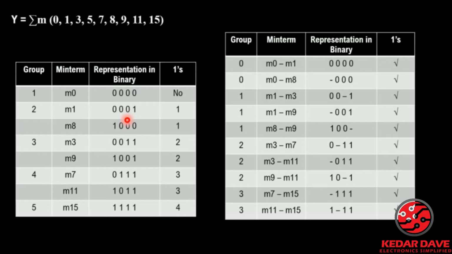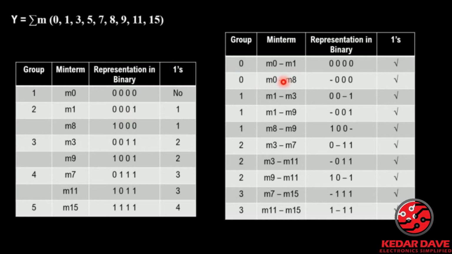In simple language, we need to check the ones only. If two minterms have a similar number of ones, then they are grouped together. So that's all for this step.